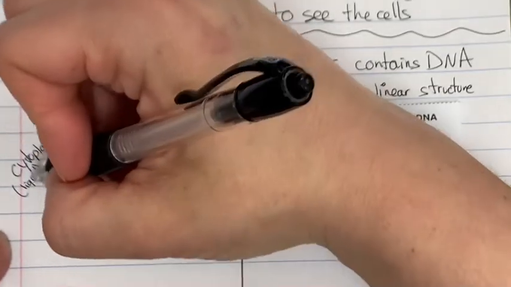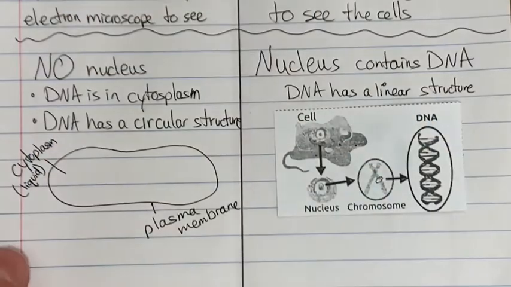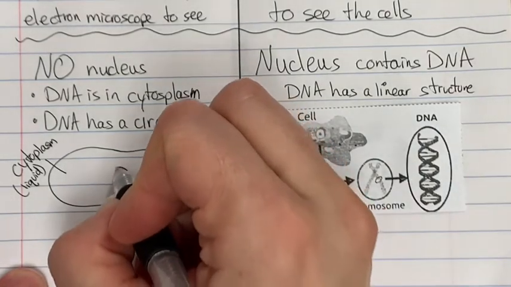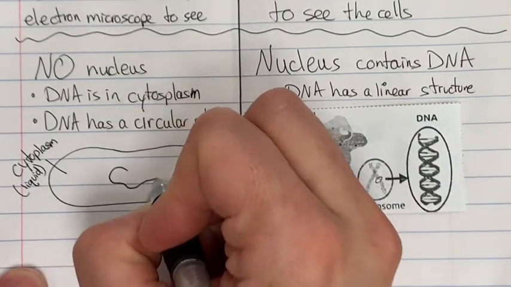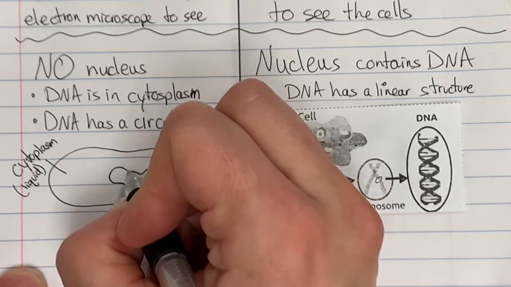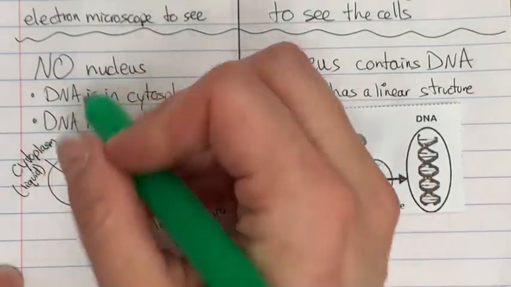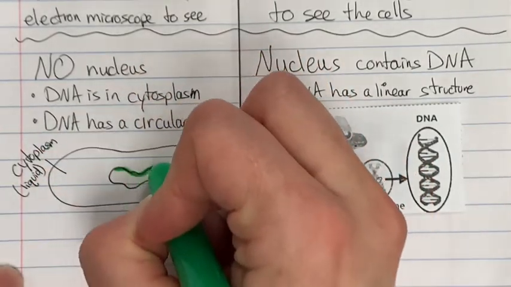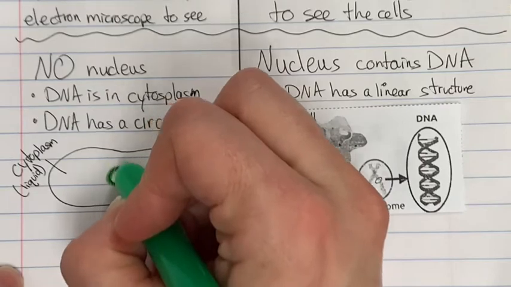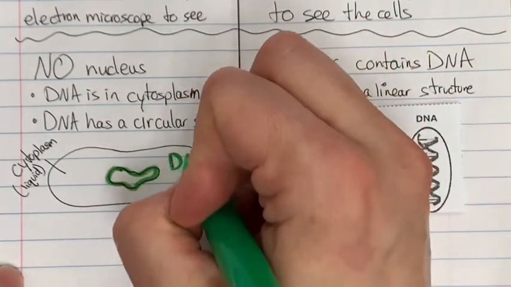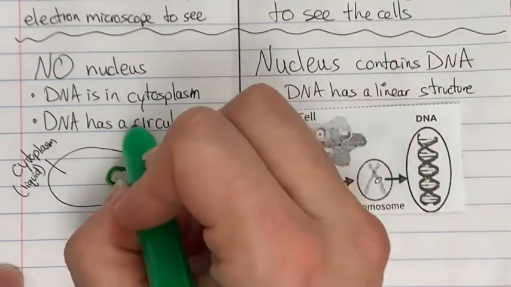Okay, the liquid inside the cell that's just drawn as empty blank space, the cytoplasm. The DNA has a circular structure, so there's really no beginning, there's no end, it just keeps going in a circle. So that, okay, that's the DNA with its circular structure.